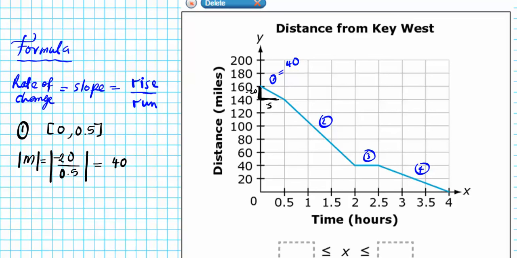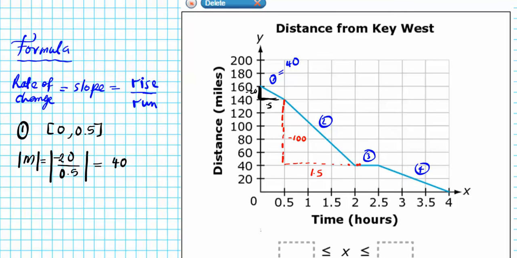For interval 2, we're going from here, going down, all the way to there. So what's the slope? Our rise is from 40 to 140, that's negative 100. Just subtract, that's your delta y. And then our run is 1.5.